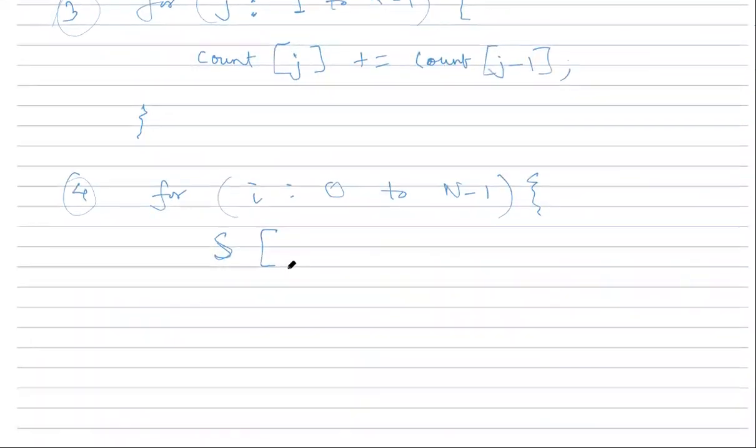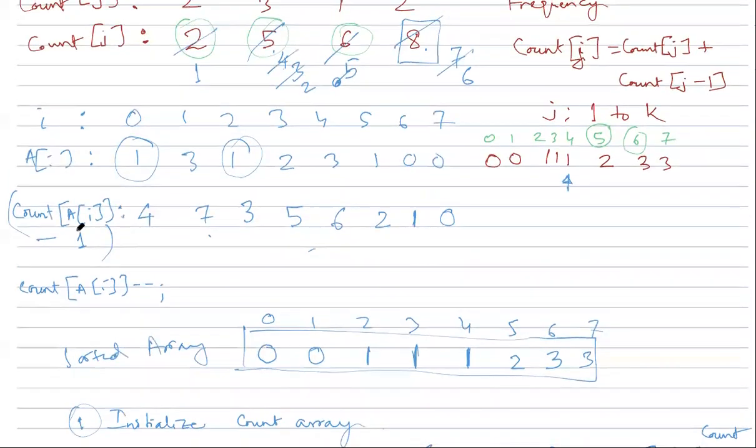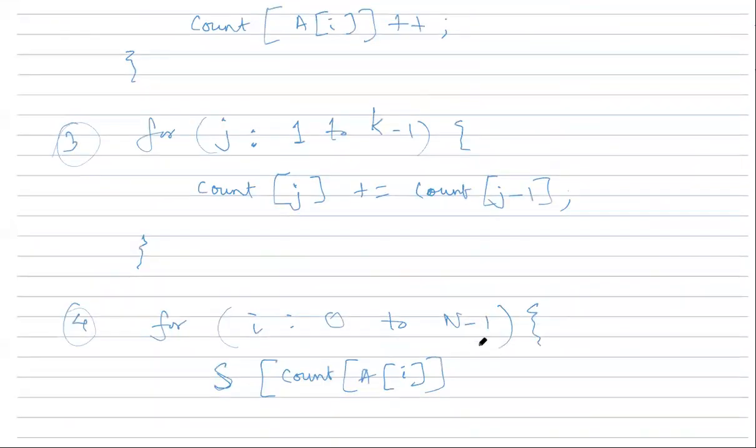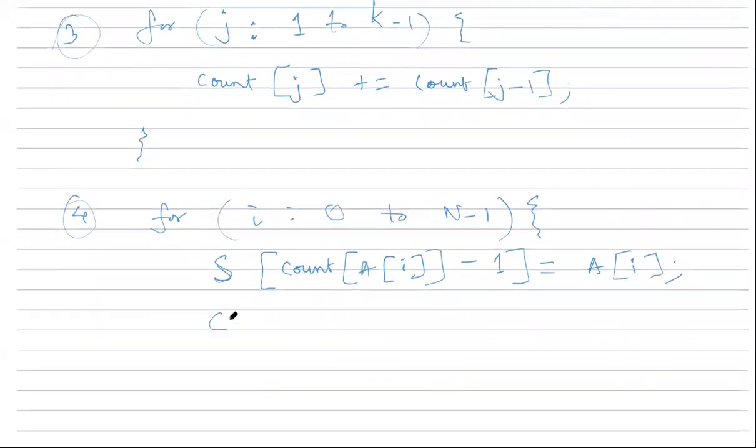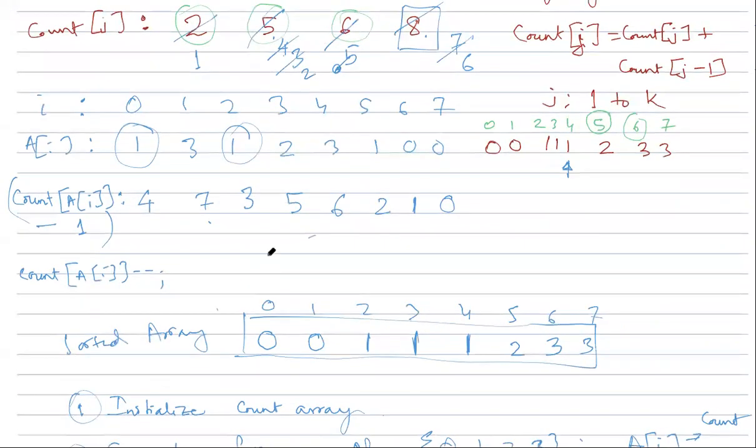So we want to say count of A of I, this part we saw, and then we have to do -1, right? We have to position it. So -1 equal to A of I, we are placing the A of I. And then we subtract count of A of I minus. And that's about it. So this is going to produce this whole sorted order.